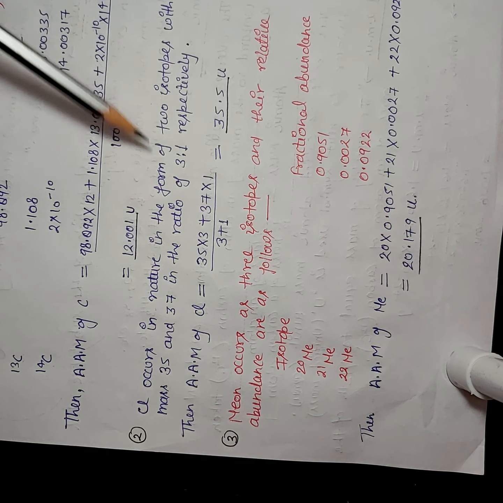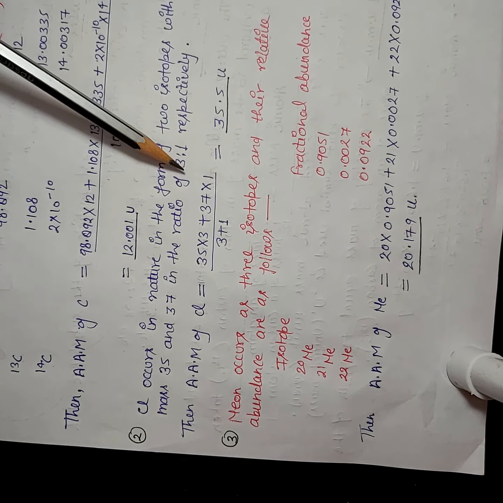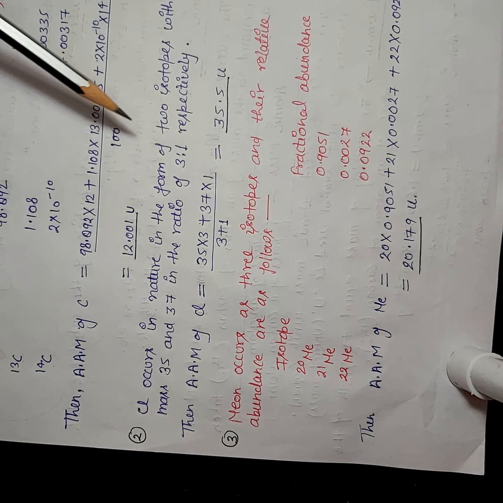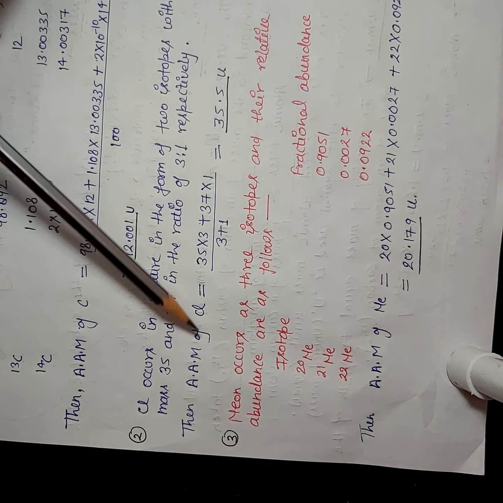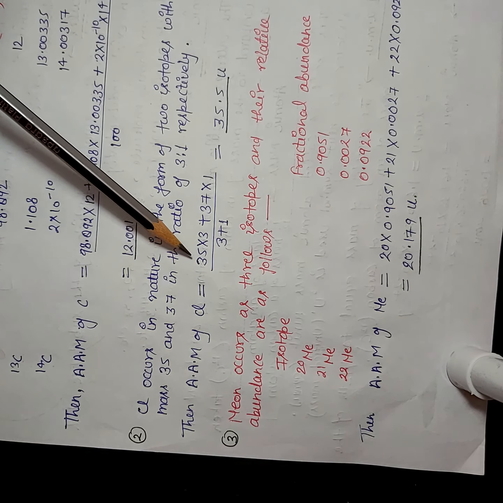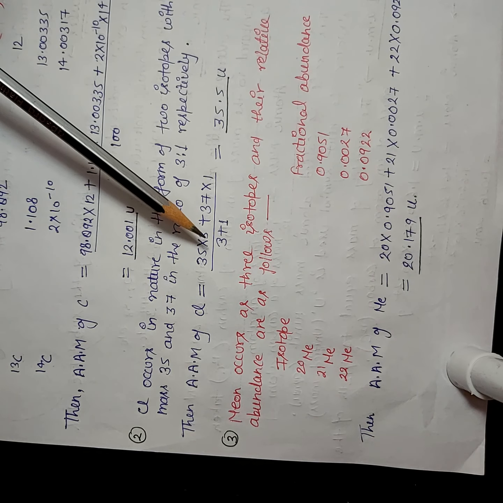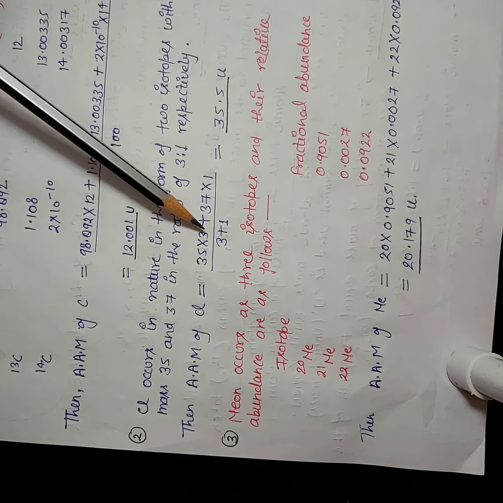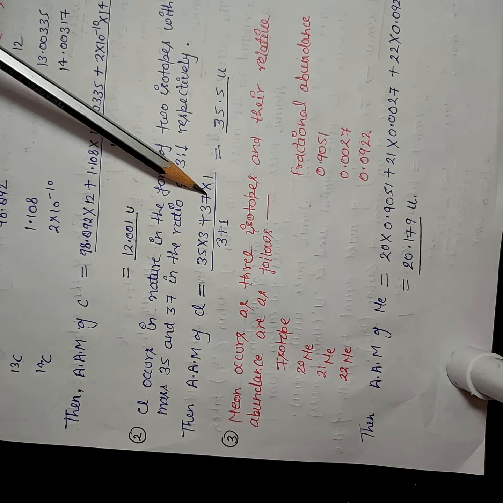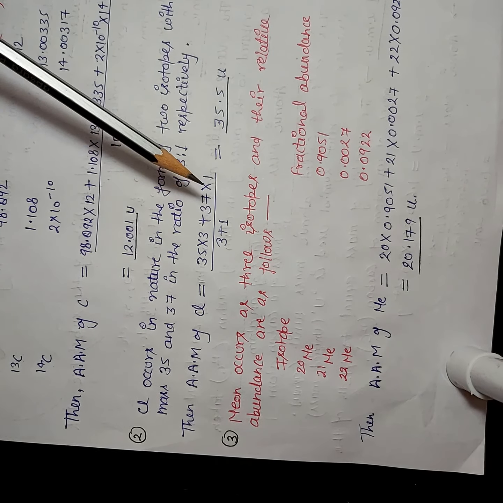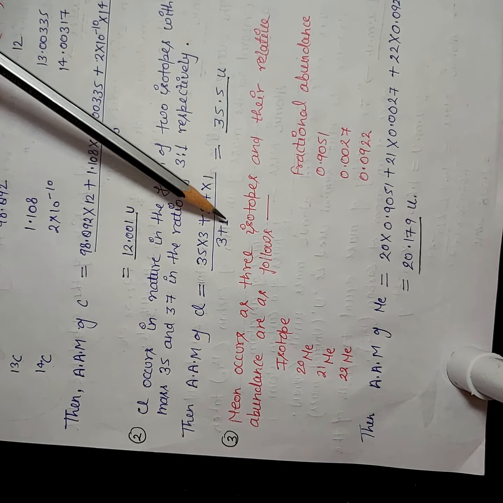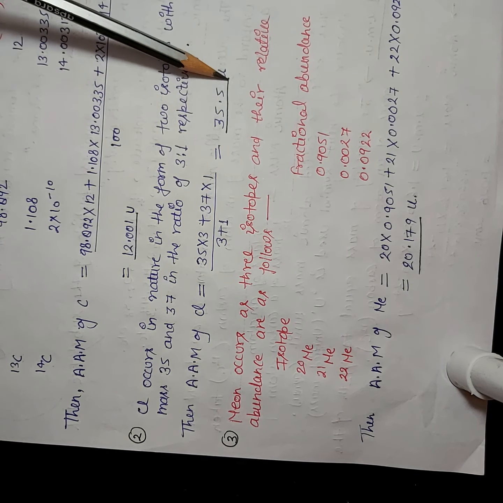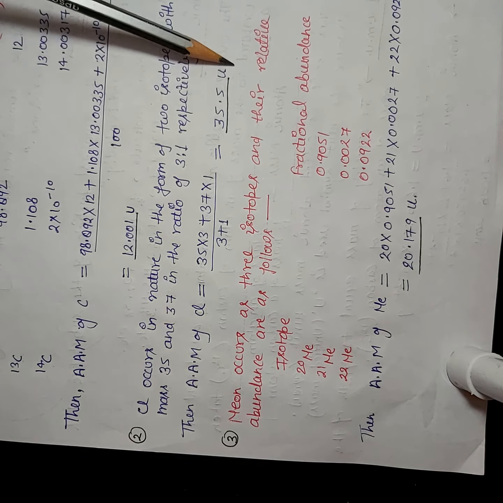In this one the isotopes are present in a ratio. Then how will we calculate the average atomic mass? We will multiply each atomic mass by its ratio, plus the atomic mass of the other isotope and its ratio, and divide by the total. So we will get the average atomic mass.